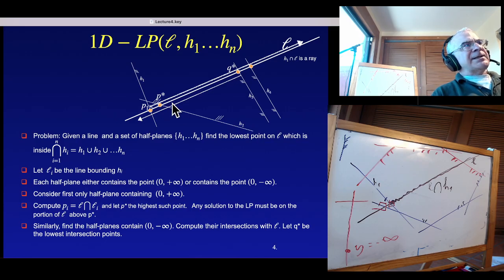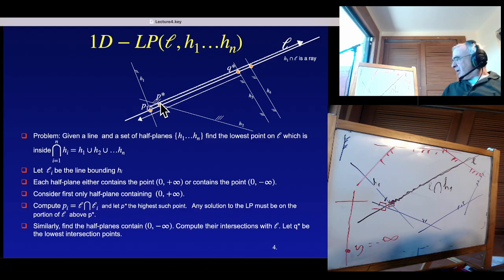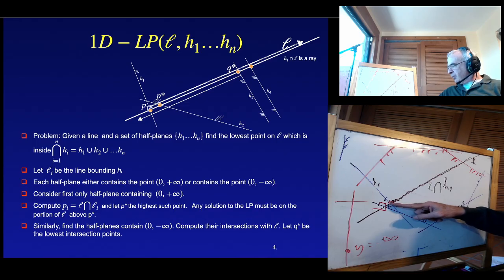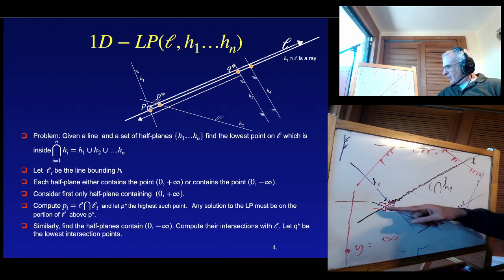And what is the intersection of these two rays? Of course, I need to be in all the half planes, in particular I need to be above the highest point of all these half planes, right?